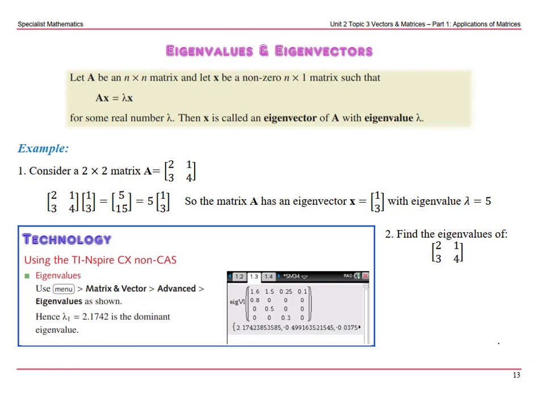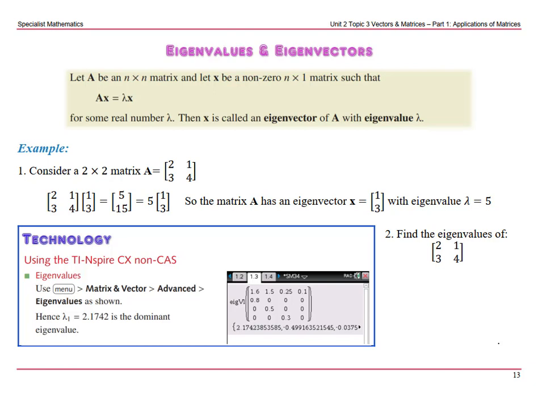So if we consider a 2 by 2 matrix A, which is 2, 1, 3, 4, I can multiply it by 1, 3, which I'll get 5, 15. 2 times 1 plus 1 times 3 is 5. 3 times 1 plus 4 times 3 is 15. Now I could write that as 5 times 1, 3.